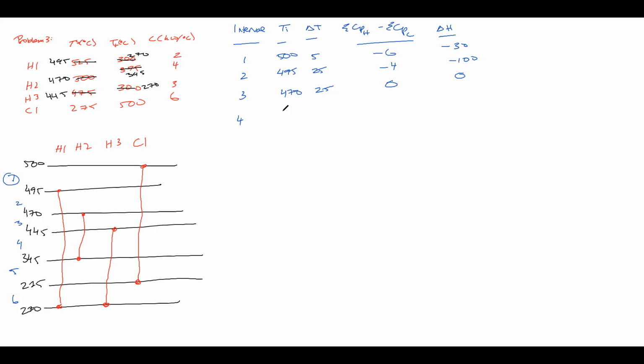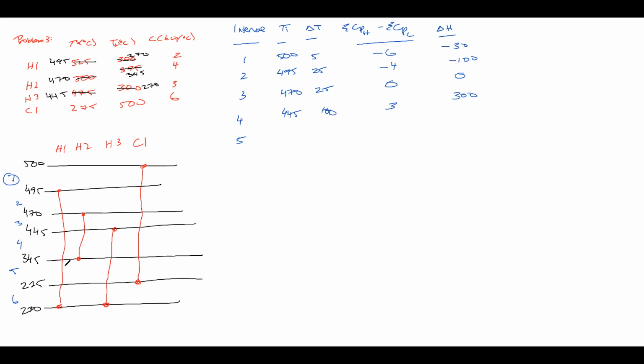Okay. Interval 4, my initial temperature is 445. Delta T here is 100 actually. The summation of Cp hot minus summation of Cp cold: I have all the hot streams minus the single cold stream. So 2 plus 4 plus 3 minus 6 is equal to 3, and delta H in this case is 300.